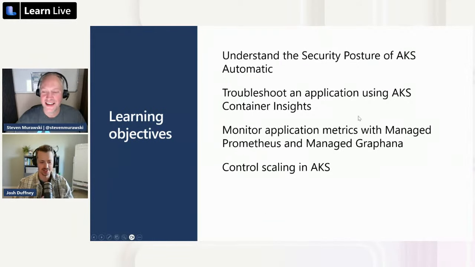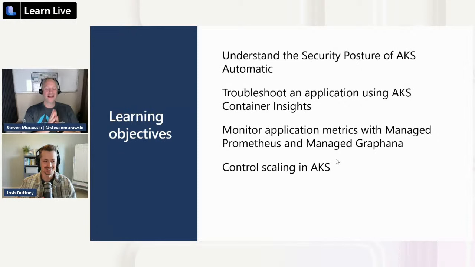It's an F, but then finally we're going to talk about scaling in AKS and the various levers that we have for scaling, and why we may only want to use one or two of those levers at a time. But let's start digging into stuff.